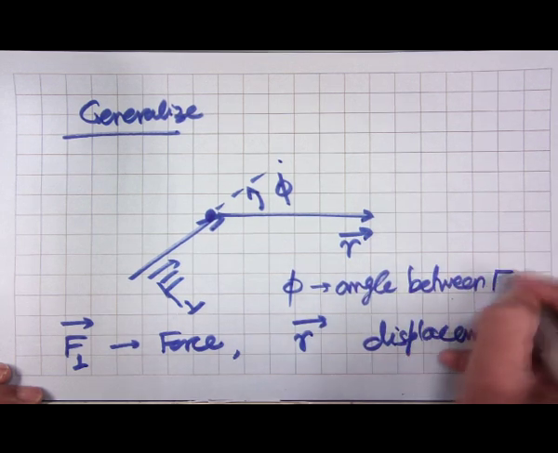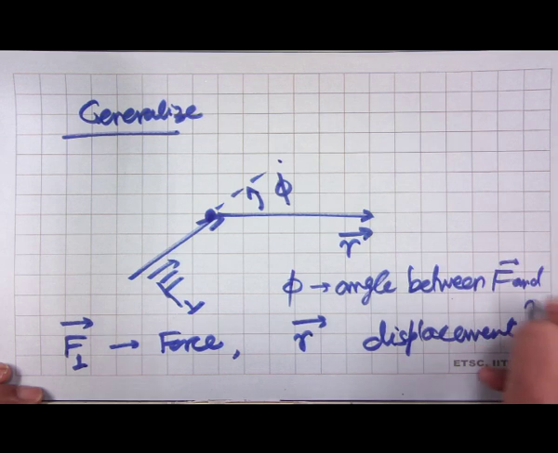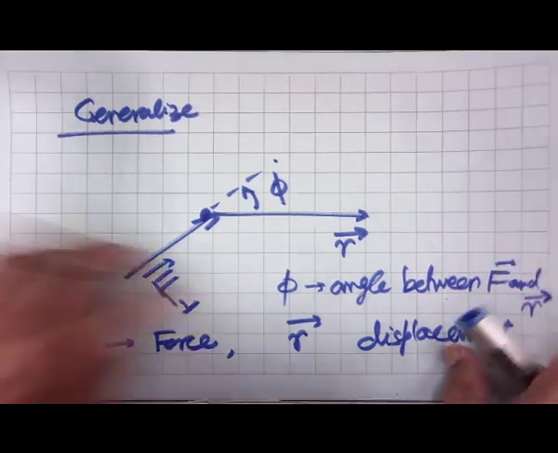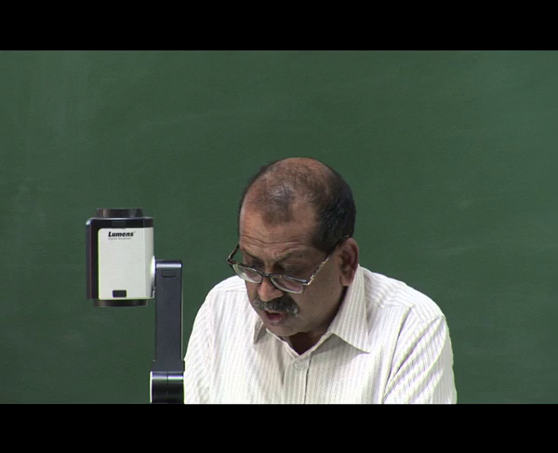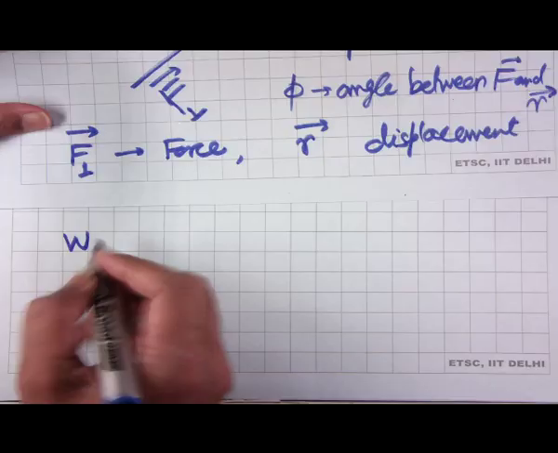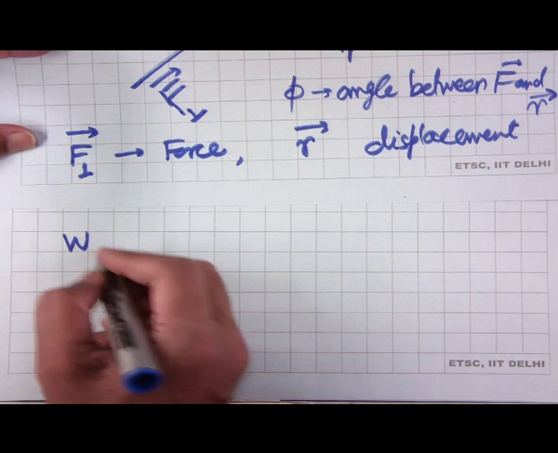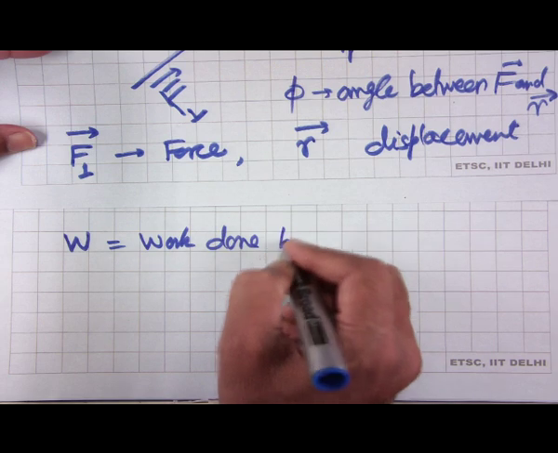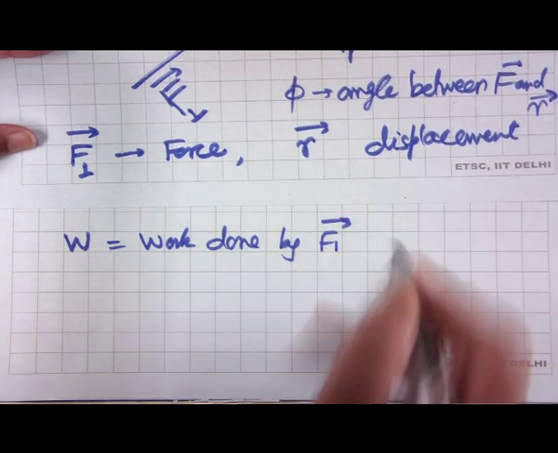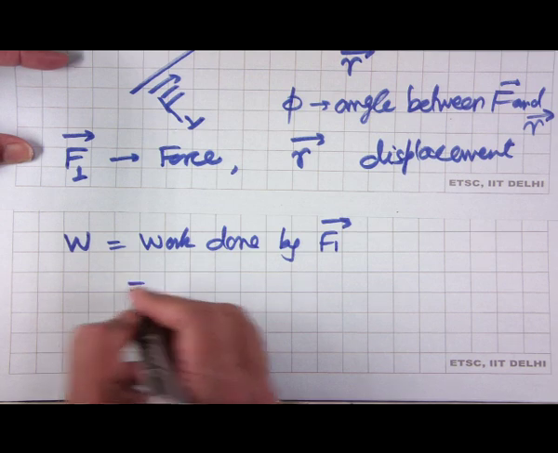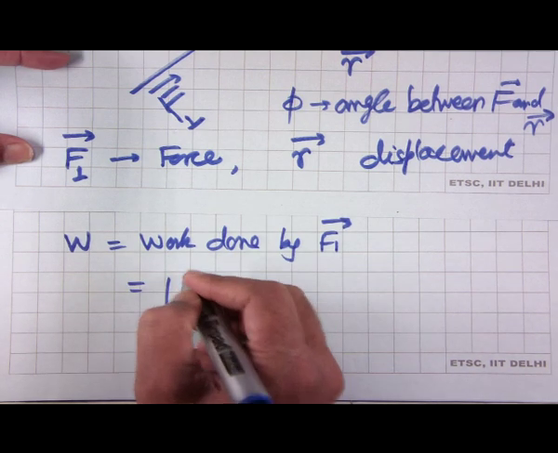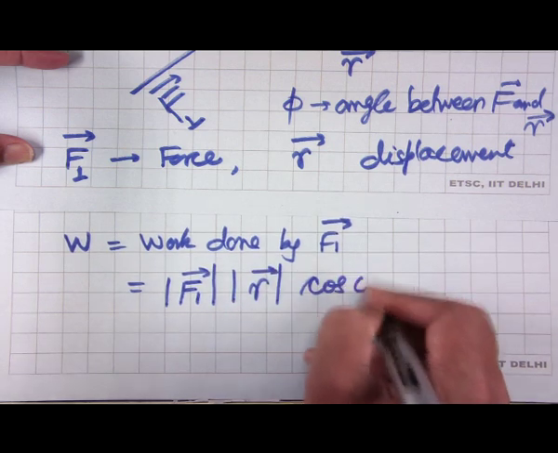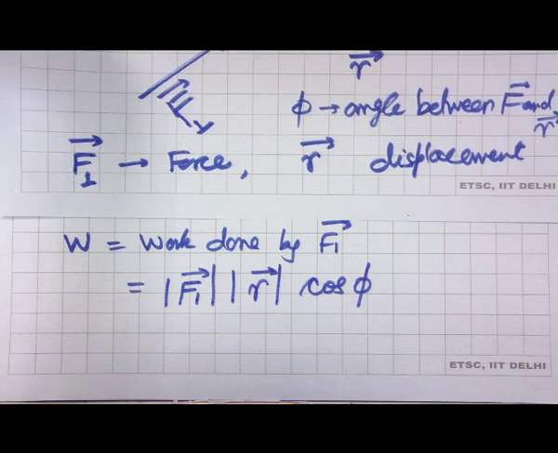In this case we define the work done W by F1 as the magnitude of F1 times magnitude of R times cosine of phi.